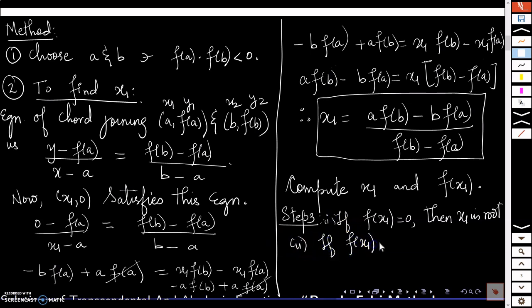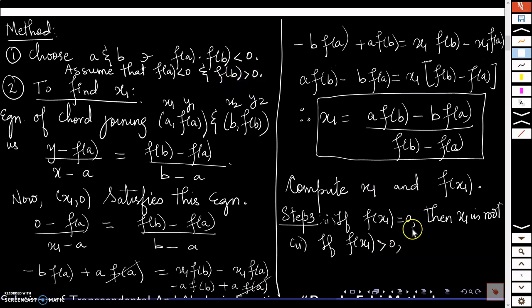If f of x1 is positive, then what we are going to do? Here we have f of a and f of b of opposite sign. So here I'll assume that f of a is negative and f of b is positive, right? Now if f of x1 is positive, I also have f of b positive here.